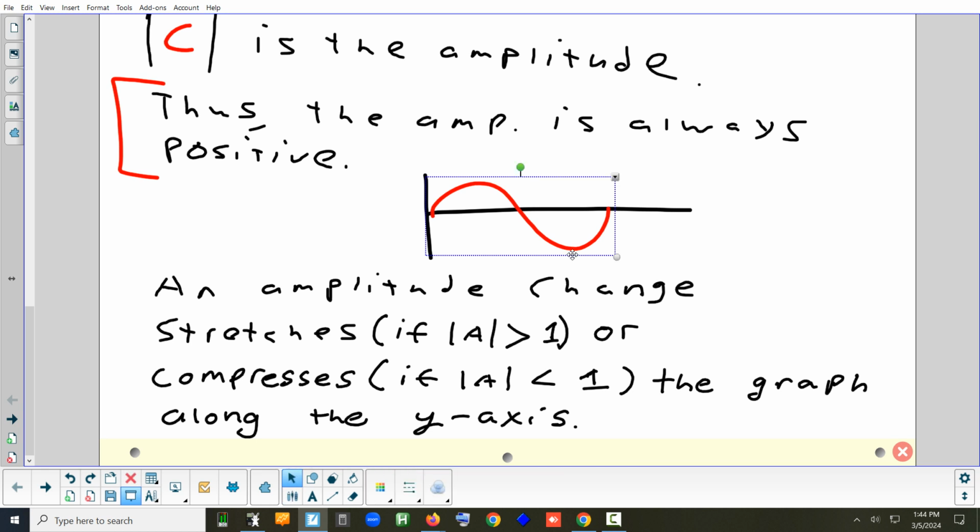And let's say you take this graph and you watch the low point of that wave. If I stretch it vertically, it didn't move left and right at all. All it did was move down. I didn't stretch it symmetrically. But it moved down. So stretching and compressing will change the y value.